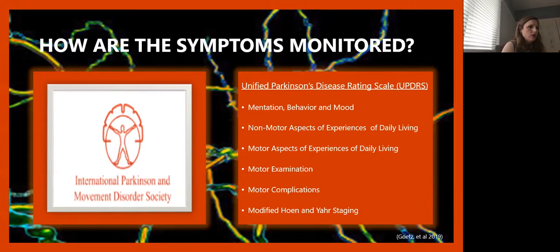The motor examination is performed by your medical provider, and it evaluates your speech, facial expression, muscle rigidity, speed of movement, leg agility, your ability to rise from a chair, your posture, your gait, and tremor overall. And then the last part is really, are you having complications from therapy?